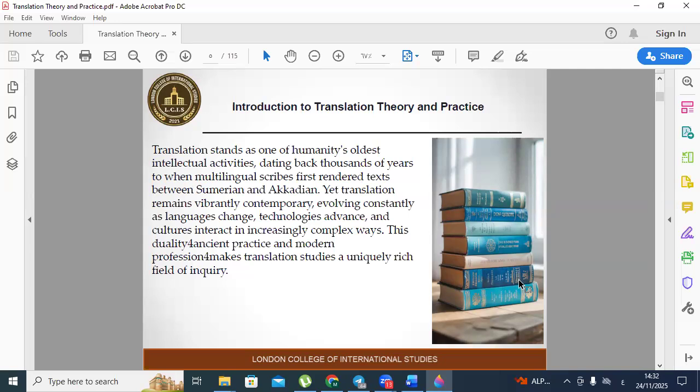Yet translation remains vibrantly contemporary, evolving constantly as languages change, technologies advance, and cultures interact in increasingly complex ways. This duality, ancient practice and modern profession, makes translation studies a uniquely rich field of inquiry.